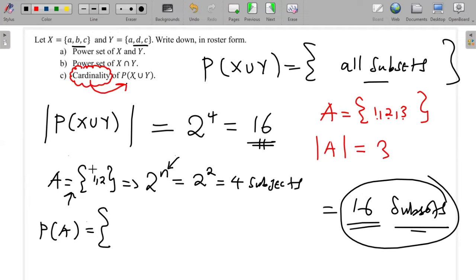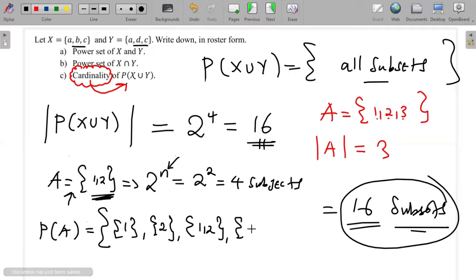From this set A, one of its subsets will be if I get the 1 only. Or if I get the 2 only, it will be a subset. Or if I get the set itself, everything, it will also be a subset. And in our previous classes, we discussed that the empty set is always also a subset of any set you can think of, including the empty set itself.